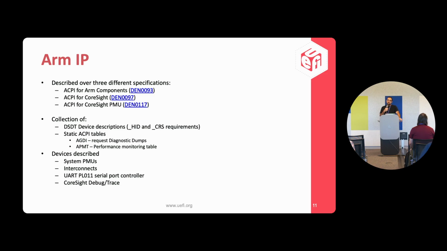So they describe standard HIDs and resources and sometimes static ACPI tables for things like the ARM standard generic watchdog timer or generic timer, or the ARM standard serial port controller. Or even ARM CoreSight, like debug IP that you could integrate in your chip, or some other IPs from ARM.